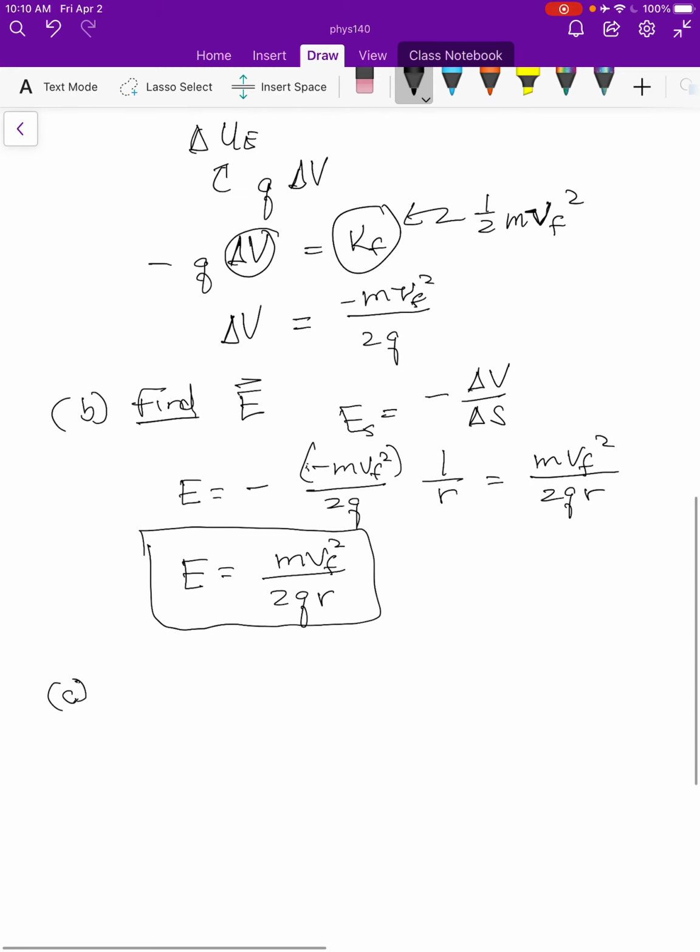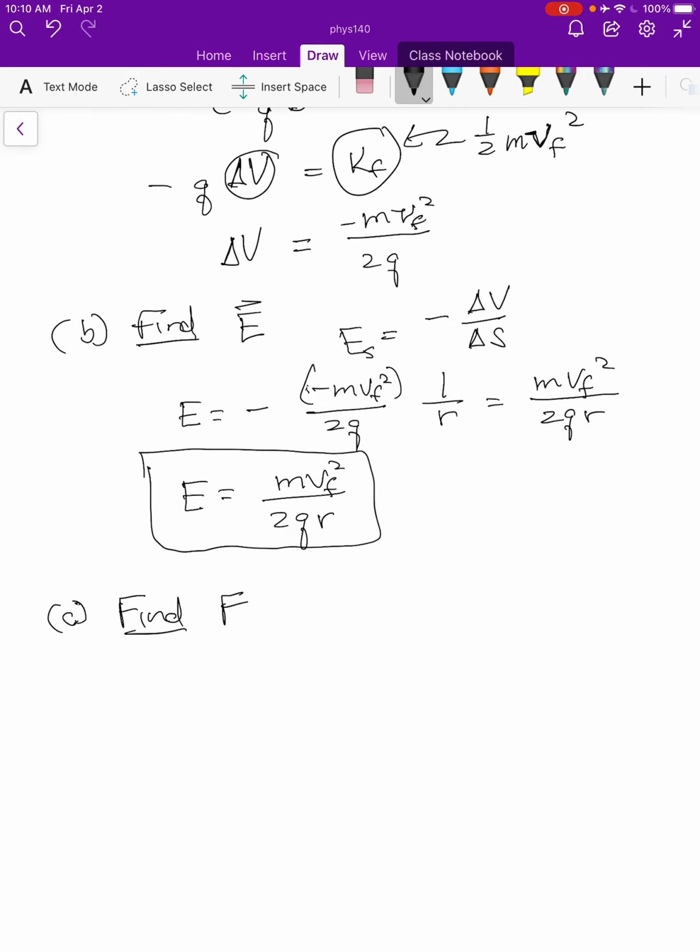And then part C says find the force. Okay, so if you remember the relationship between force and electric field, force is Q times the electric field, or electric field is the force per charge. So we know electric field, we want to find force. Now we just have to multiply by the charge.